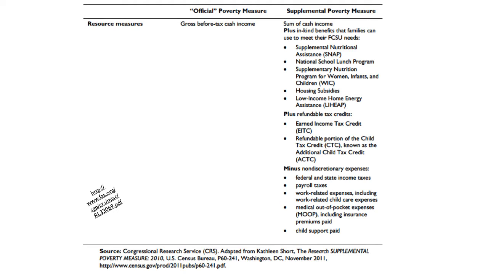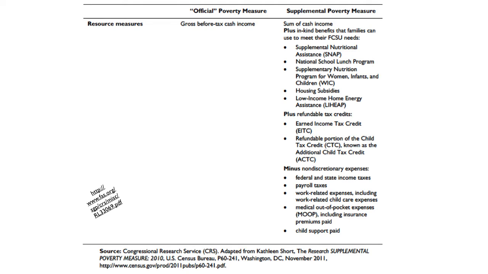It counts school lunches. All of that now is included in the income category. And it also counts benefits that are received through the tax code. And this is especially important for the earned income tax credit and child tax credits, which can amount to an awful lot of money. And we'll talk about both of those down the road.